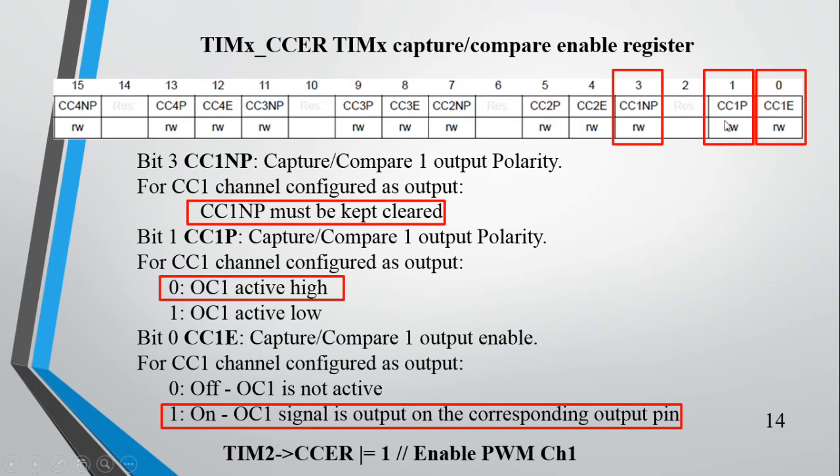Then bit number 1, that is CC1P, is the capture compare output polarity. You are making the output polarity 0. That means before starting the generation of the PWM, the pin should be pulled high. So you are writing 0 to this bit, and before starting, it will be pulled high.